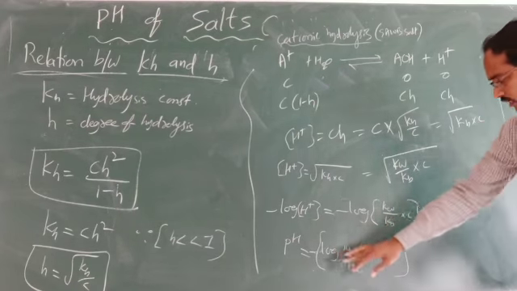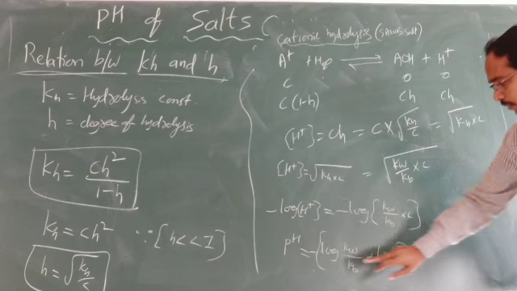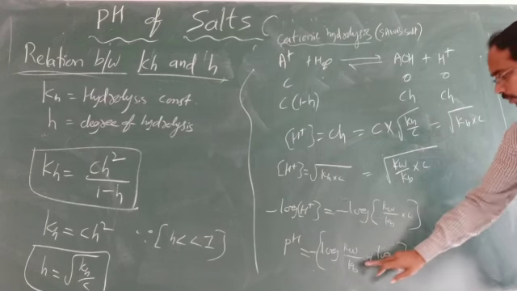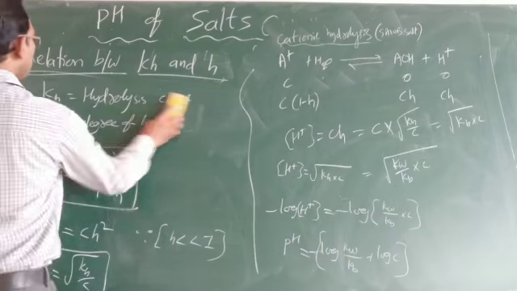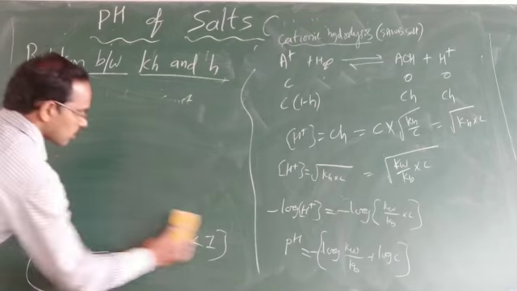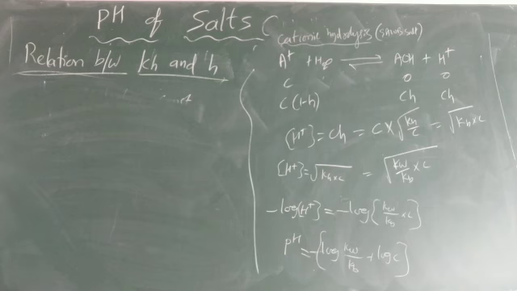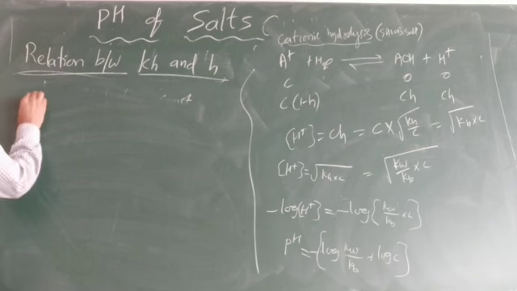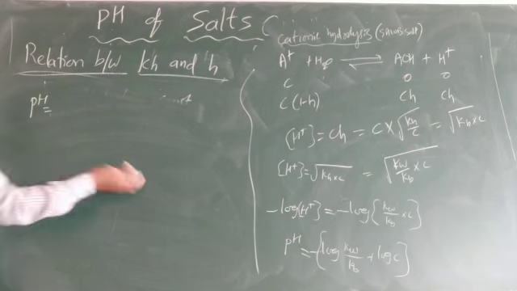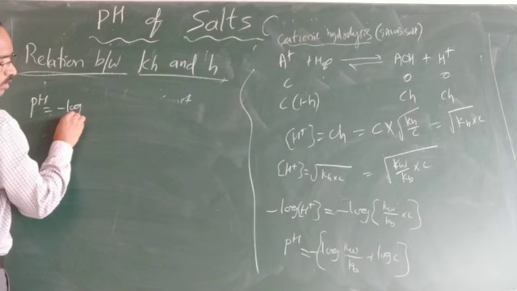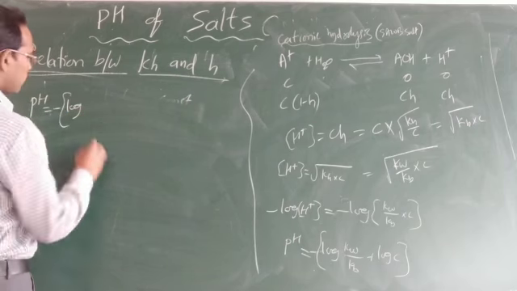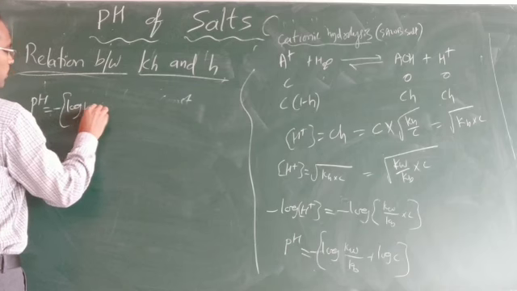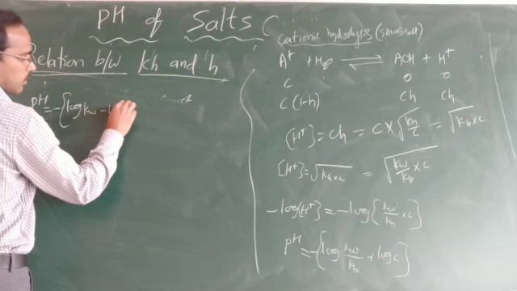Then minus, as this log A into B equal to log A plus log B, KW by KB plus log C. Next step. Log A by B equal to log A minus log B. Now this pH equal minus log, minus keep it outside. Log A by B equal to log A minus log B, right?